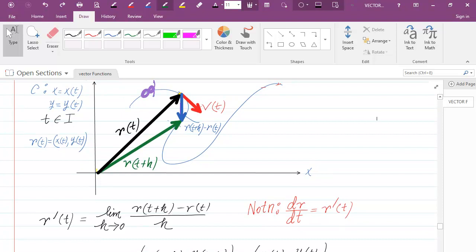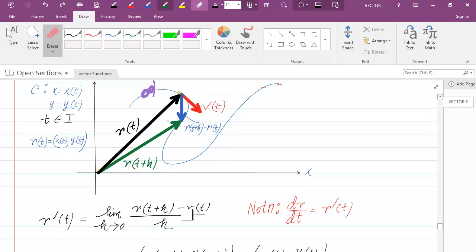We define it by the following limit. r prime of t denotes the derivative of r of t, and it is defined to be the limit of the ratio r of t plus h minus r of t over h as h goes to 0. We also use the notation dr dt in place of r prime of t.